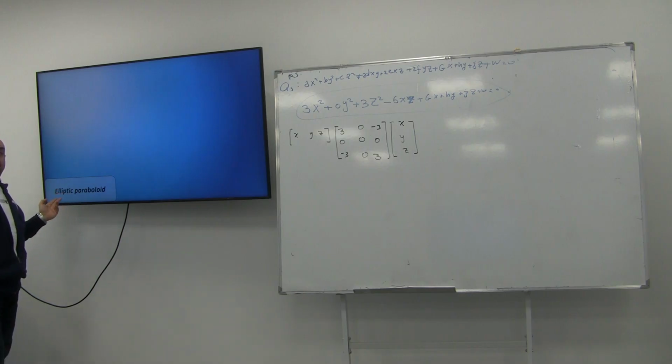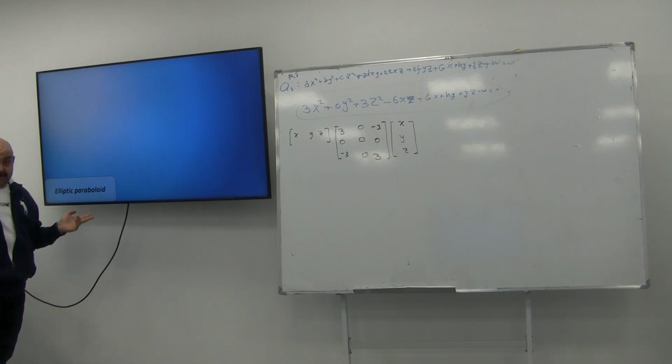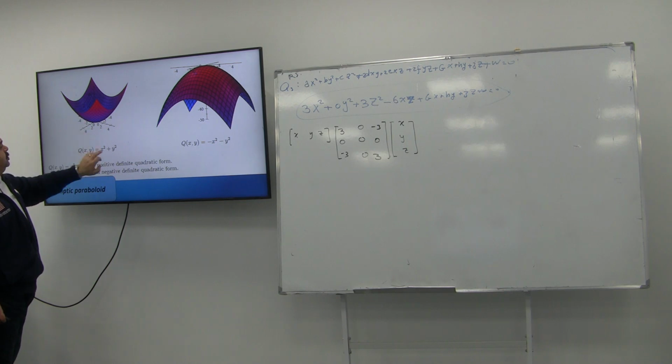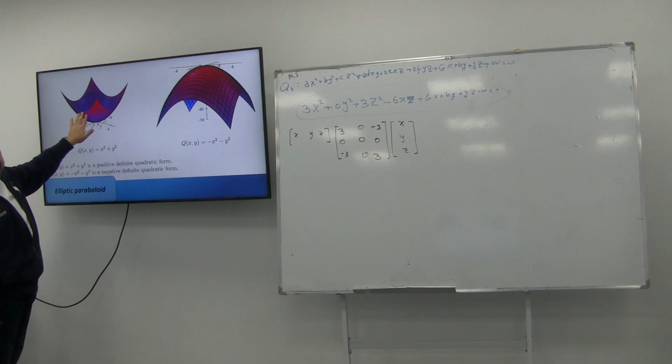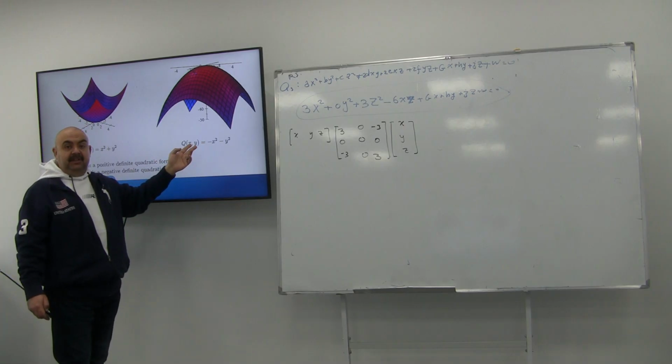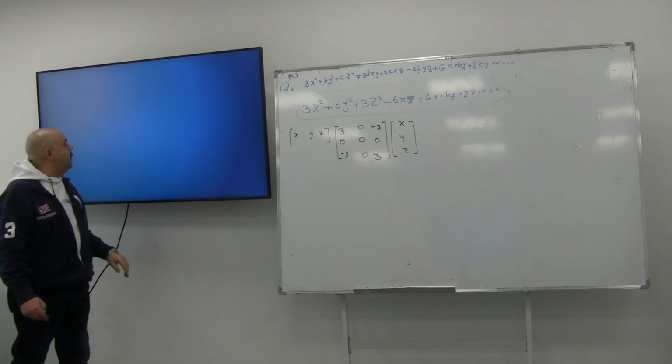If we are talking in 3D, you will get into the paraboloid family, and it's huge. If you look at this one in 3D, which is x squared plus y squared, it's going to be the elliptic paraboloid, and since all these coefficients are positive, it's a positive definite elliptic paraboloid, and this is going to be the negative definite elliptic paraboloid.